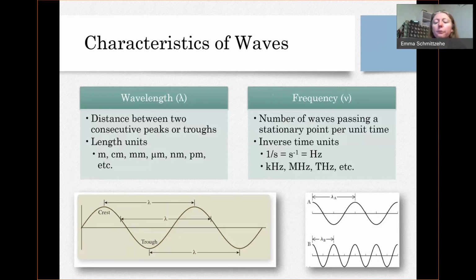The first wavelength is marked there, so this first distance would be one wave, okay? And then if we go from that peak to the next peak, that would be our second wave. So if this was 1 second, that time frame, this would be a 2 hertz wave, okay?